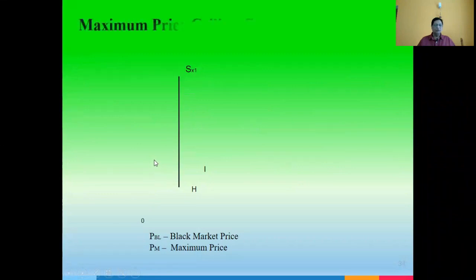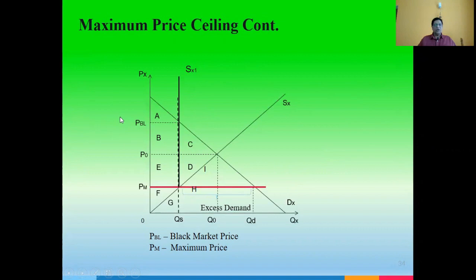I would like to discuss economic implications of maximum price ceiling. Suppose that initial demand curve is dx, supply curve is sx. Then initial equilibrium price is given by P0, quantity is given by Q0.